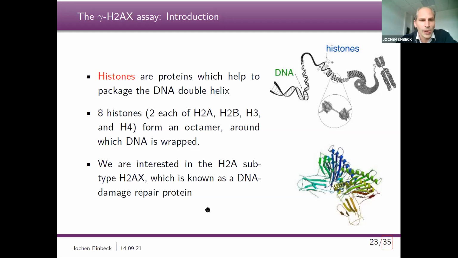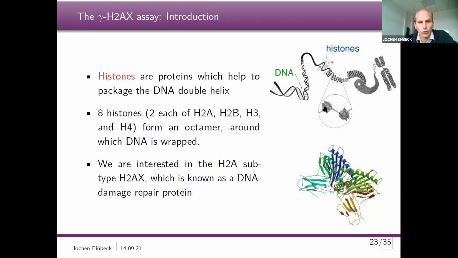So histones are a special type of protein which help to package the DNA double helix. Typically this DNA is wrapped around eight such histones, two each of H2A, H2B, H3, and H4.